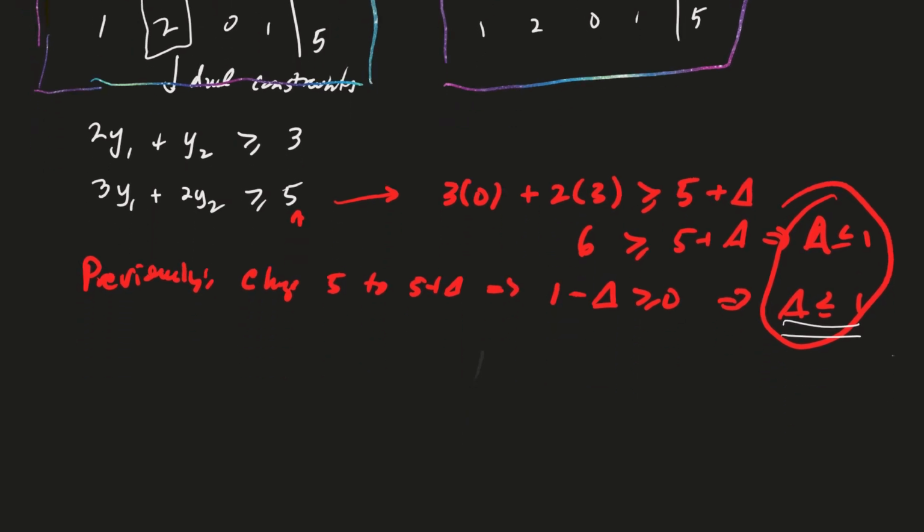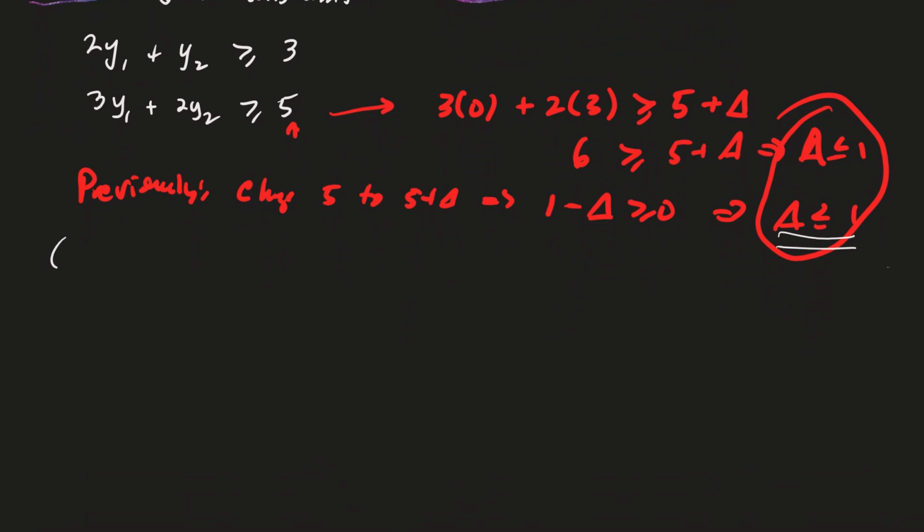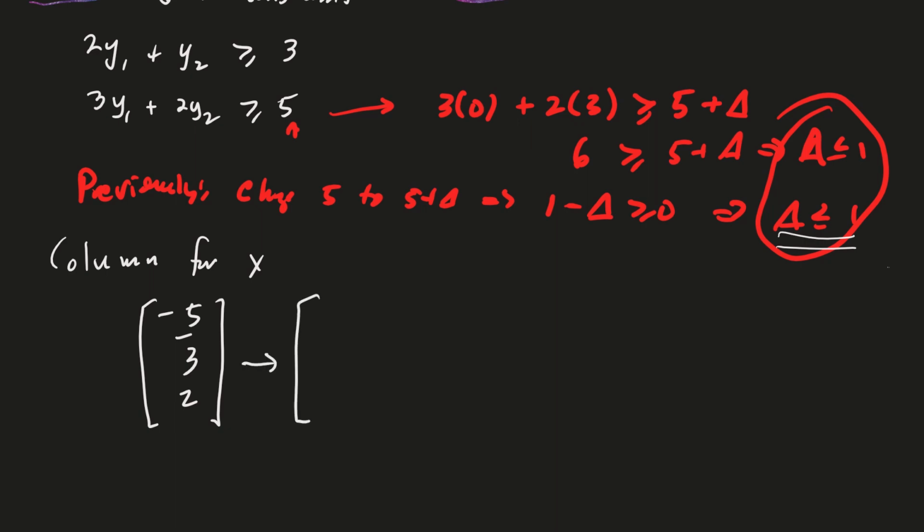The current column for x2 is minus 5 with a 3 and a 2. Kind of think of that as my column. How about if I change that to a minus 2 and a 2, let's see, where am I? I just lost my place, 1, 1. What does that do to my problem?